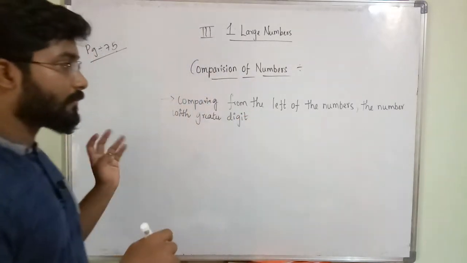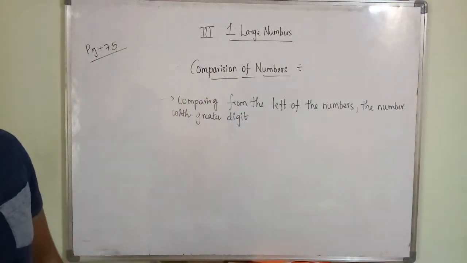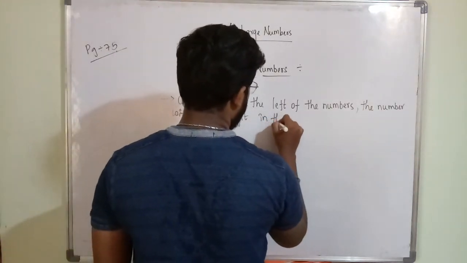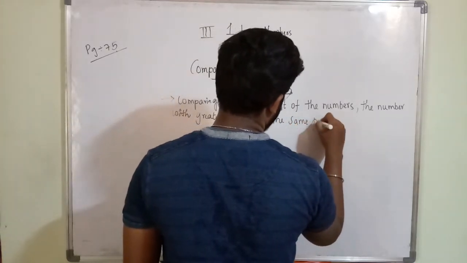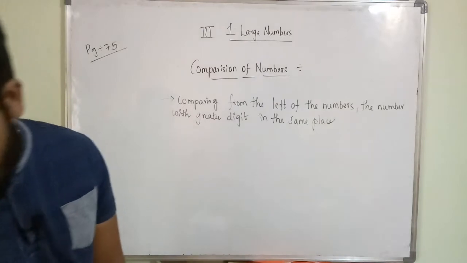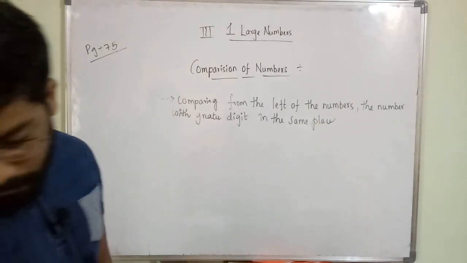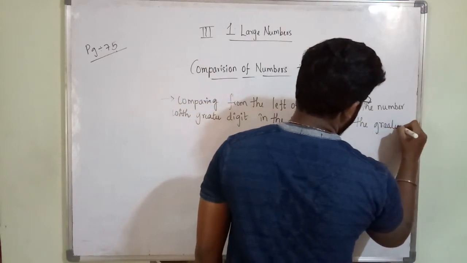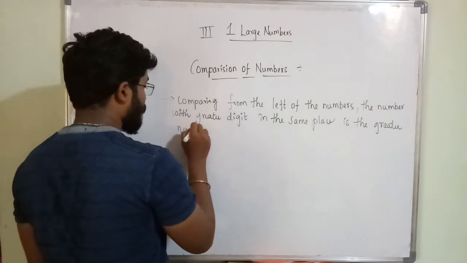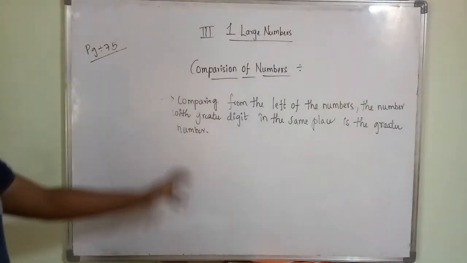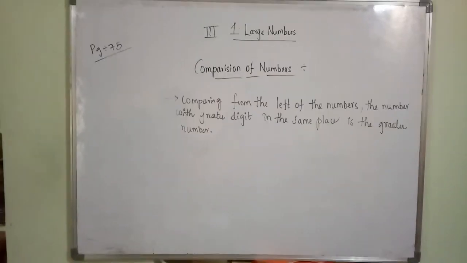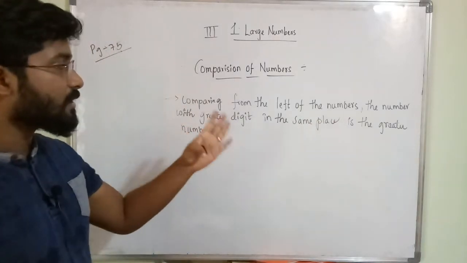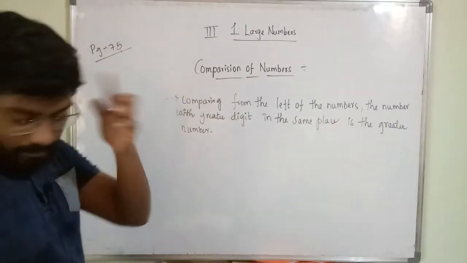Comparing from the left of the numbers, the number with greater digit in the same place is the greater number. Okay, so it's telling, comparing from the left of the numbers, the number with greater digit in the same place is the greater number. So let us see the example.